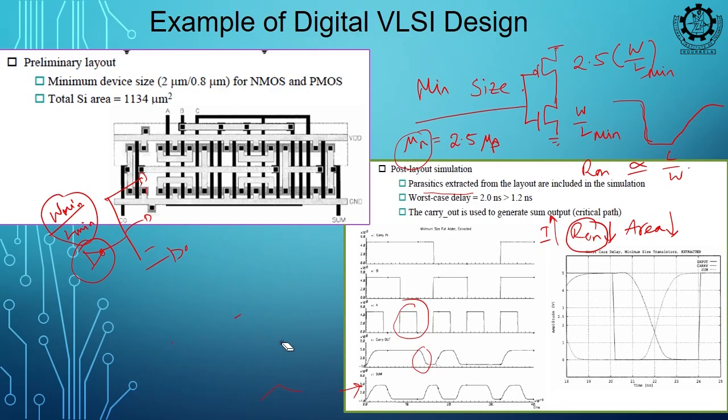See, in digital your transistor is operating just like what? Just a switch. I am having a switch here connected to VDD, or this is connected to ground. This switch is made up of the PMOS. If this is on, my output is connected to the VDD.